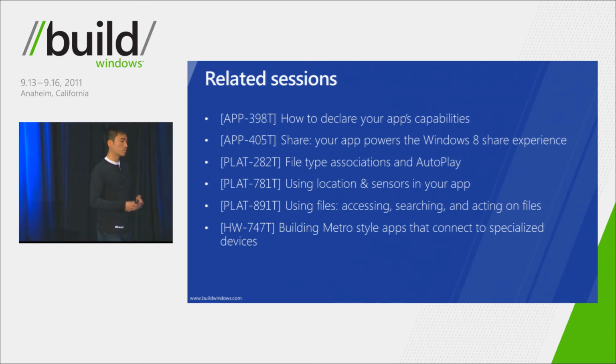But with autoplay and different file type associations, those are ways where you can let users know that they can use your application for, let's say, opening a type of file, or they can use your application with certain types of devices. So we really encourage you to view that session to get more details on how you can promote your application and let users know what devices they can use your application with.